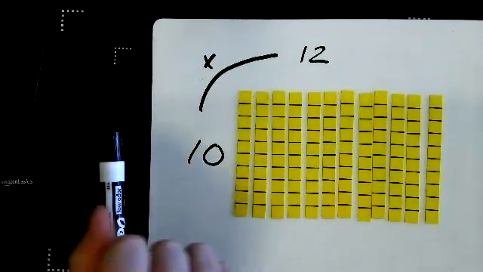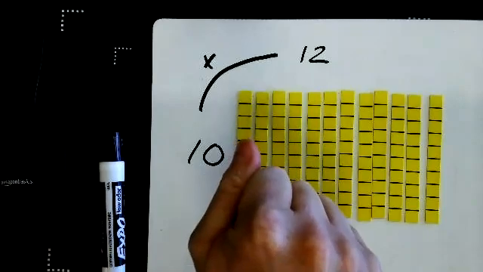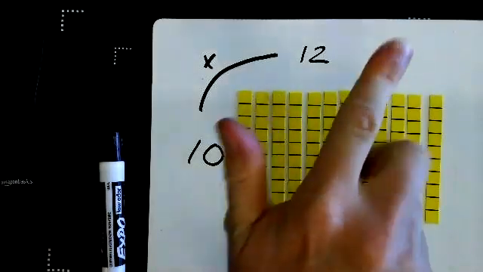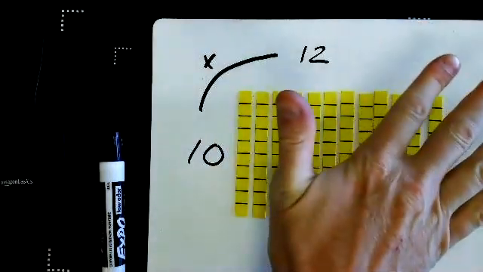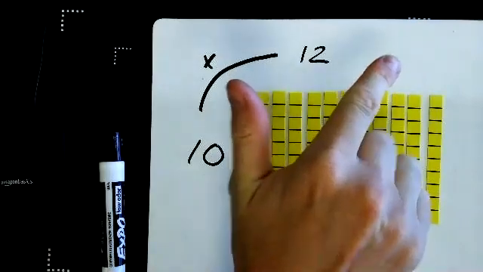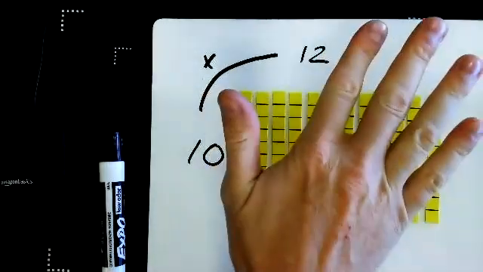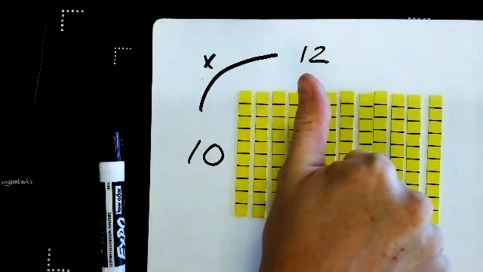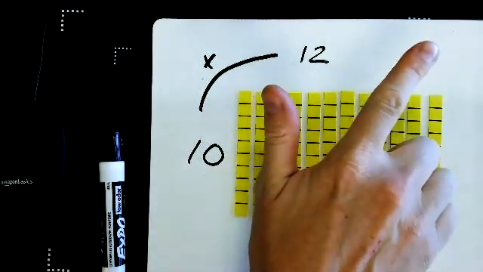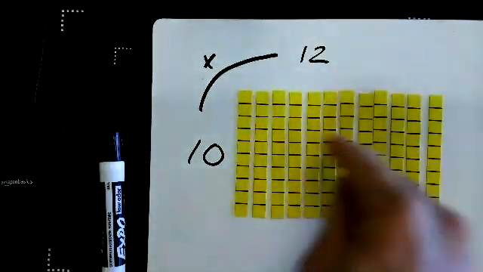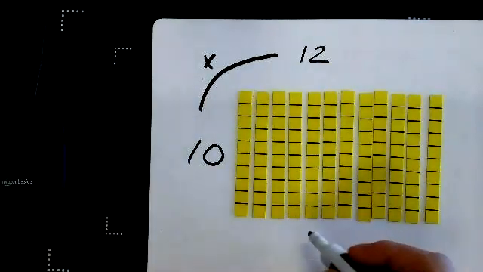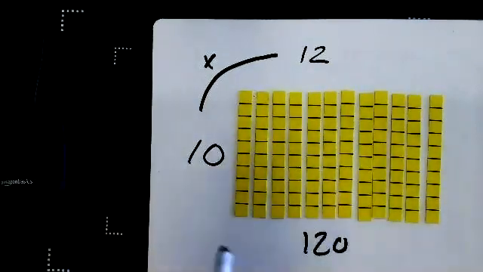So you can count by tens if you need to again, 12 times. 10, 20, 30, 40, 50, 60, 70, 80, 90, 100, 110, 120. That gets us our how many units are 120.